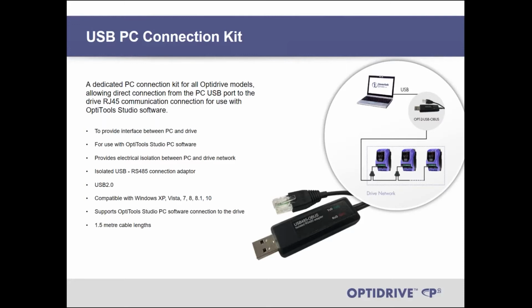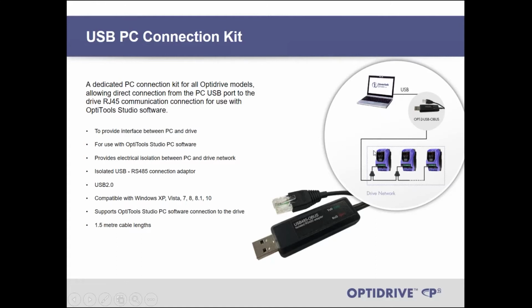To end the presentation, we have also a USB PC connection kit. This is used to connect directly your PC to the drive network. As you can see here, and I forgot to tell you, you don't need more than one of these accessories to connect to all your drives.